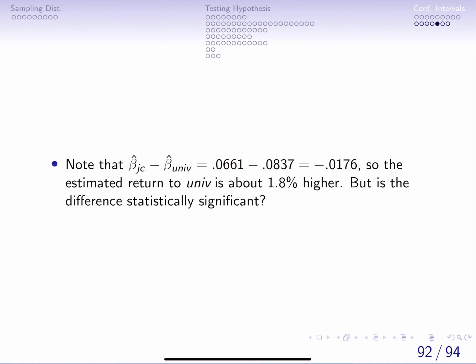Let's say that we found that the numerator is equal to negative 0.0176. The way to interpret this value is that the estimated return to university is about 1.8% higher, or in other words, the estimated return to junior college is about 1.8% lower relative to the return on university.